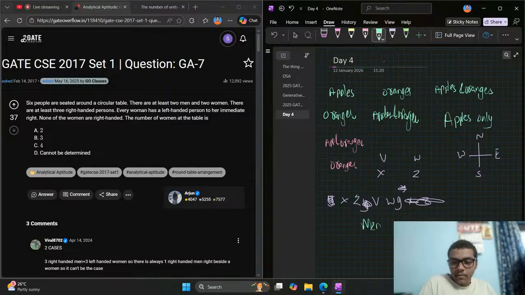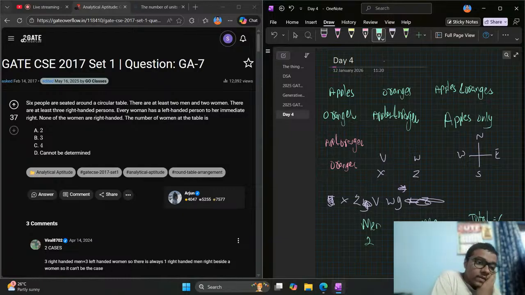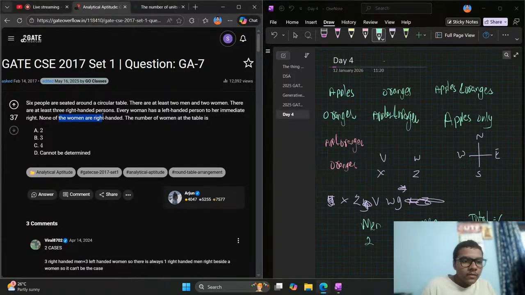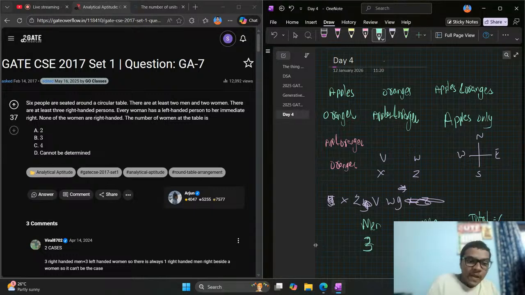Men, women, present count is 2, 2, total count is 6. There are at least 3 right-handed people, and none of the women are right-handed. So the 3 right-handed people should be men. So the men count is determined to be 3 now. Every woman has a left-handed person to her immediate right. So the left-handed person should be a woman.